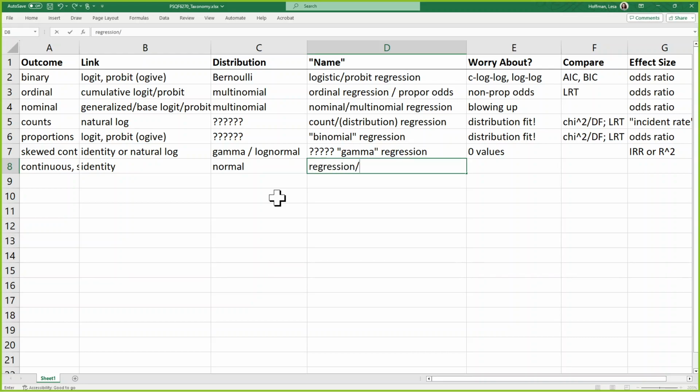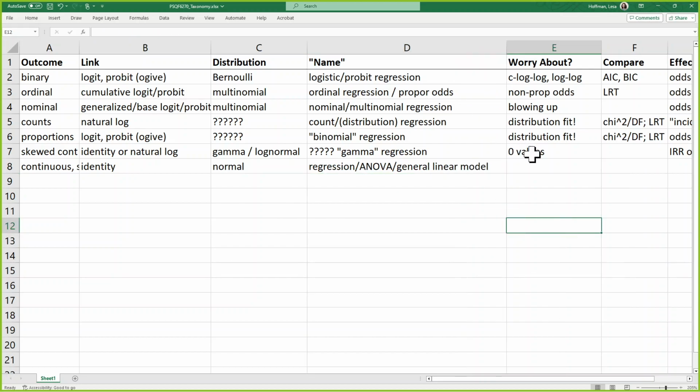Regression. Or if I had categorical predictors, I might use a different word. ANOVA. Yeah. And more generally, I would call that a general linear model. What do I need to worry about?